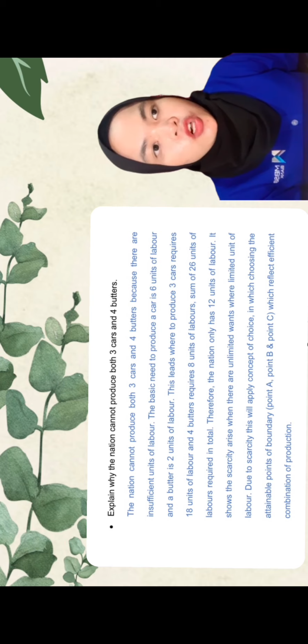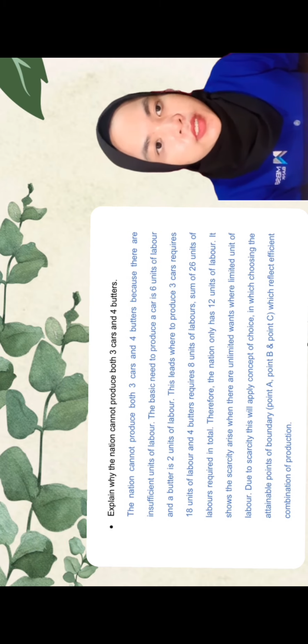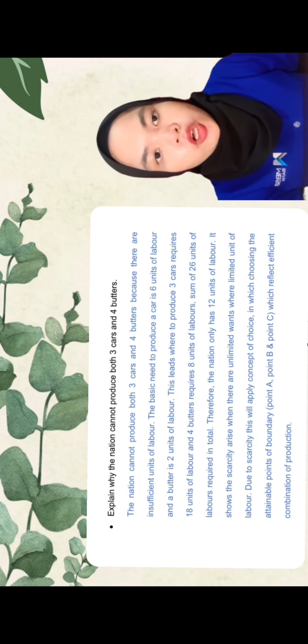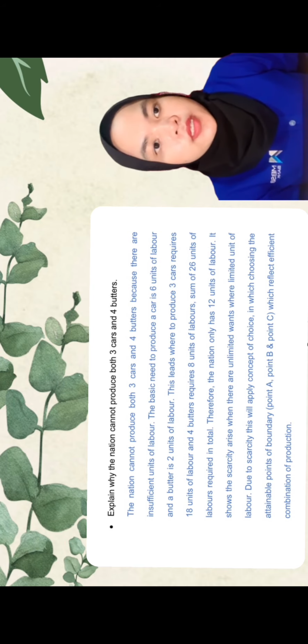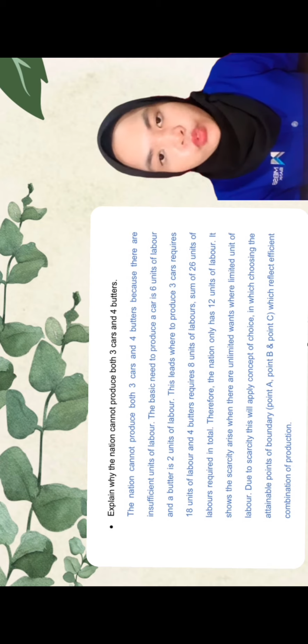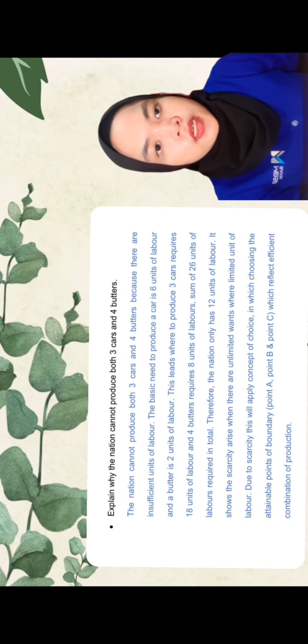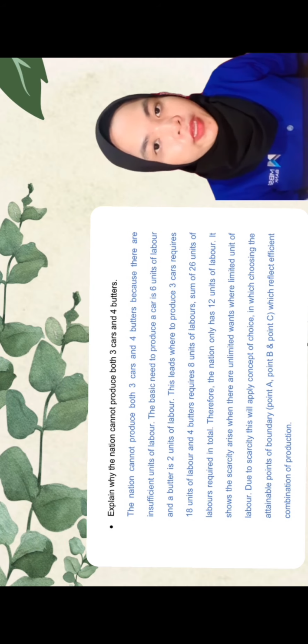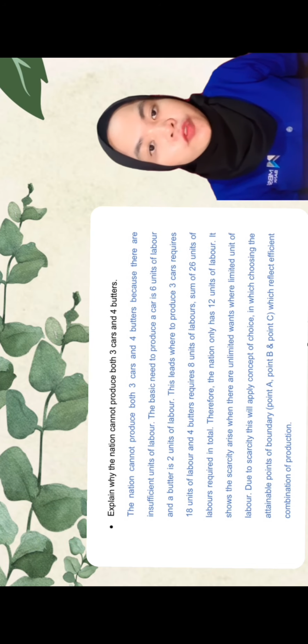Therefore, the nation only has 12 units of labor. It shows that scarcity arises when there are unlimited wants but limited units of labor. Due to scarcity, this will apply the concept of choice, in which choosing the attainable points of the boundary, point A, point B, and point C, reflects an efficient combination of production.